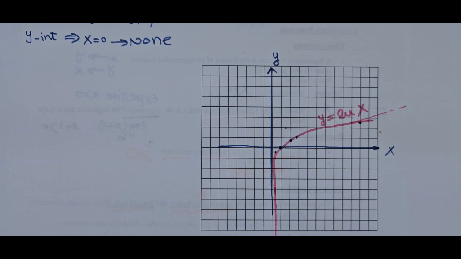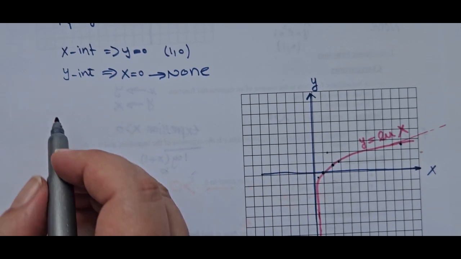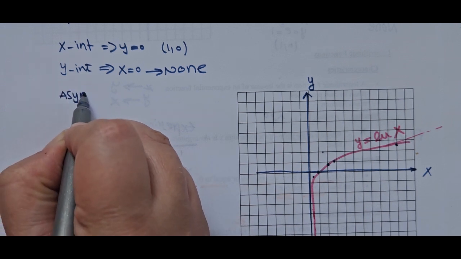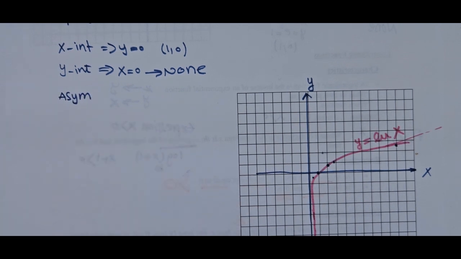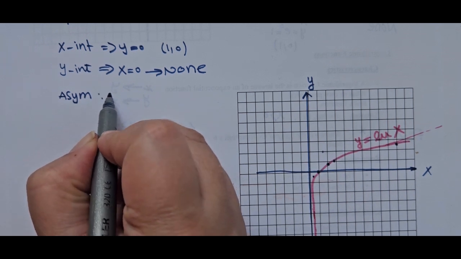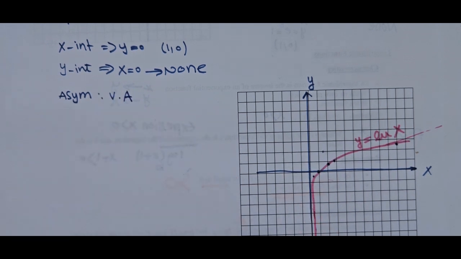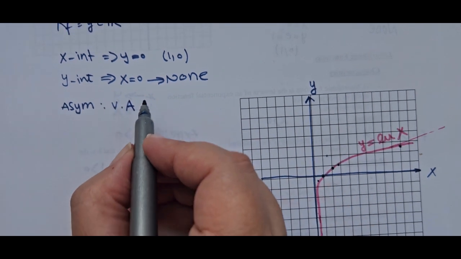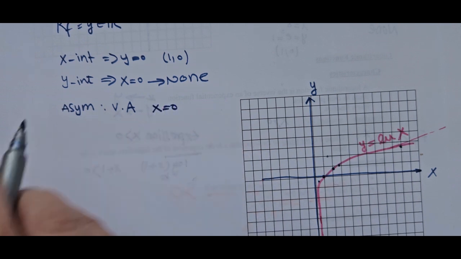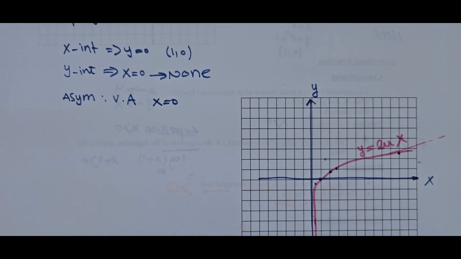There is no horizontal asymptote, but there is a vertical asymptote, and the equation for the y-axis is x equal to 0.